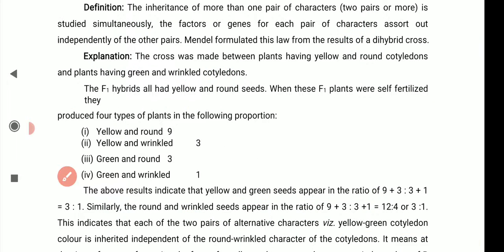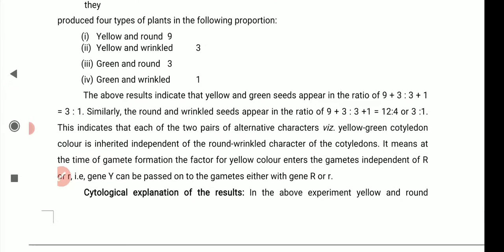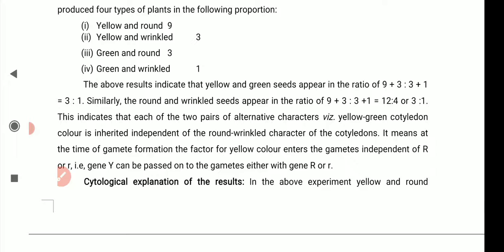So in the F1 he got all yellow round, and then in the F2 he got 9 yellow round, 3 yellow wrinkled, 3 green round, and 1 green wrinkled. That is the cross I told you to practice last time. So the results indicate that yellow and green seeds appear in the ratio 9:3:3:1.